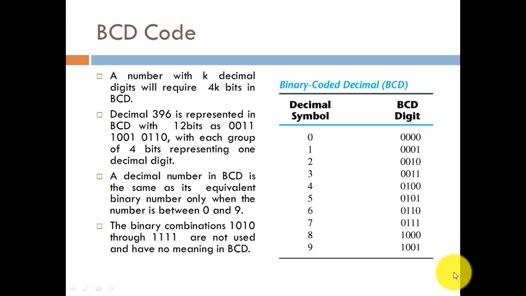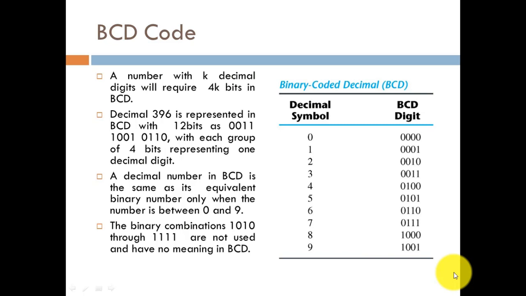A decimal number in BCD is the same as its equivalent binary number only when the number is between 0 and 9. Obviously, if the numbers lie between 0 to 9, the BCD equivalent will be the same.